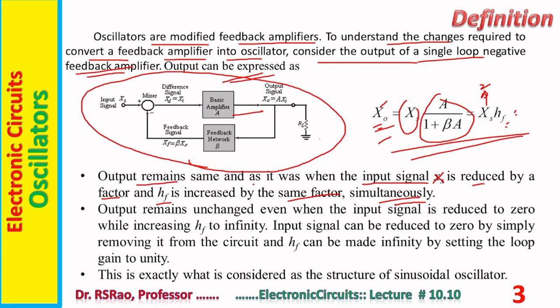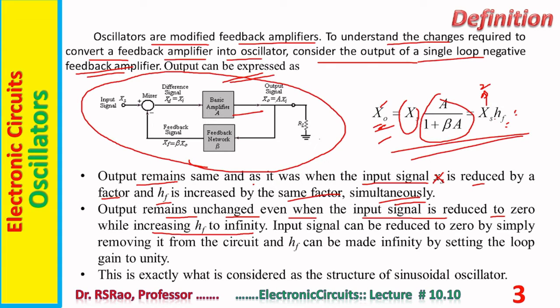If Xs is raised to 3 times its initial value and HF is reduced to 1/3 of its initial value, X0 remains the same. So output remains unchanged even when the input signal is reduced to 0 while increasing HF to infinity.